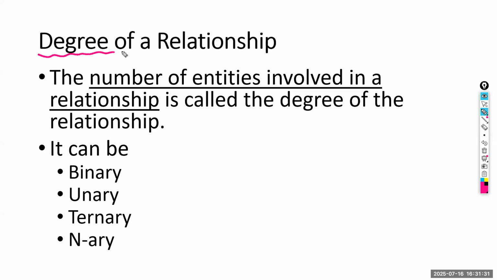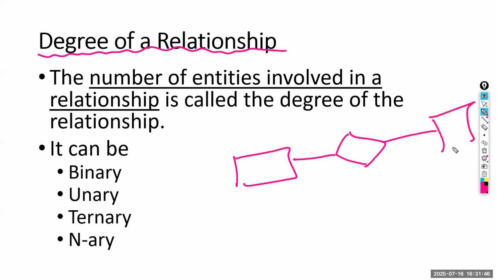So this is another interesting concept, sometimes a challenging concept. Degree of a relationship is how many entities or how many entity types are involved in that relationship. For example, if you say mother and child, two entities, because mother is different from child, child is different from mother.